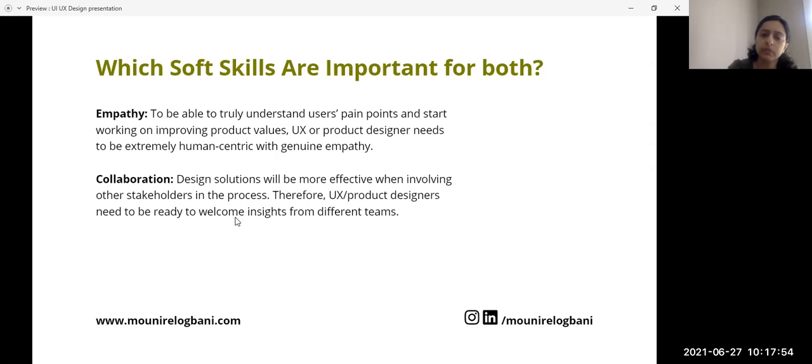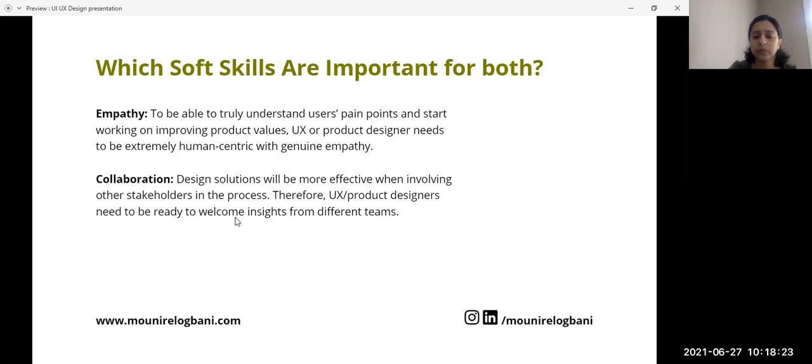Also, about collaboration, it will be more effective when you involve the stakeholders in the earlier process in order to make the progress work smoothly.